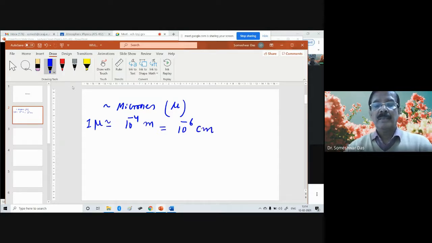Is this board visible to you? Yes, sir. So this is the typical size of the water droplets inside the cloud when homogeneous nucleation just starts taking place.